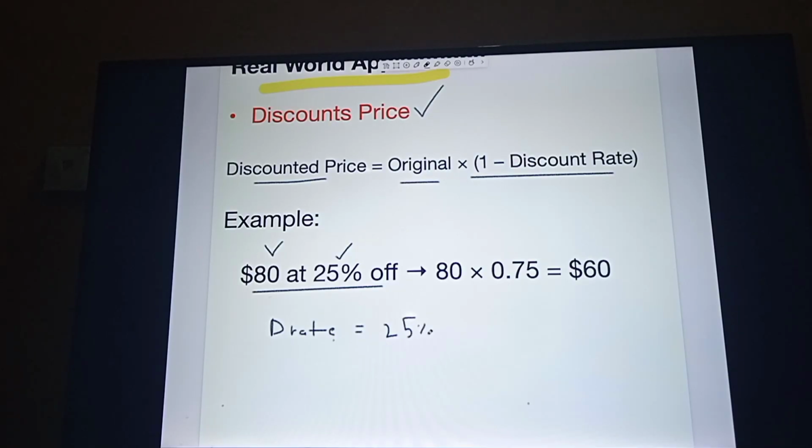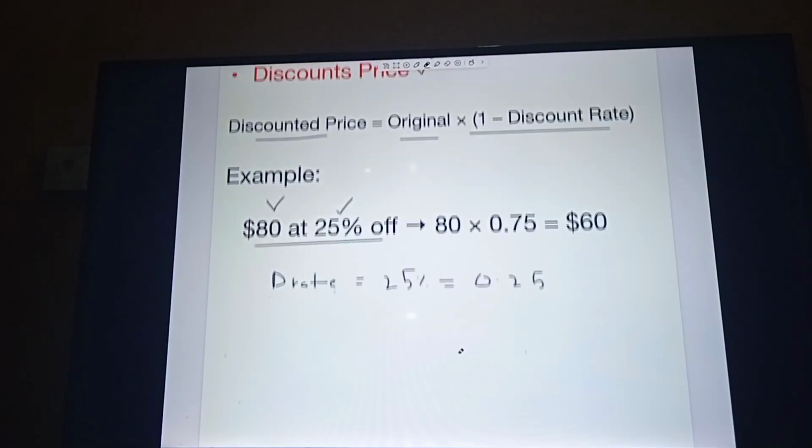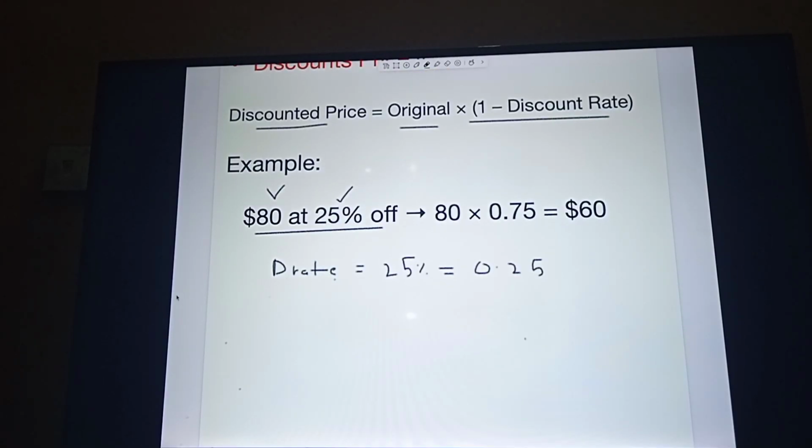Now the amount we are going to pay, or payable amount, is equal to 75%.